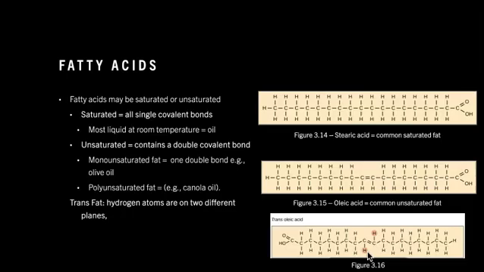Unfortunately, this is bad for our health, and when we have them in our diet, we increase our levels of LDL, or low density lipoproteins, which is also known as our bad cholesterol, that can lead to plaque being deposited in our arteries, which of course can then lead to atherosclerosis and heart disease.